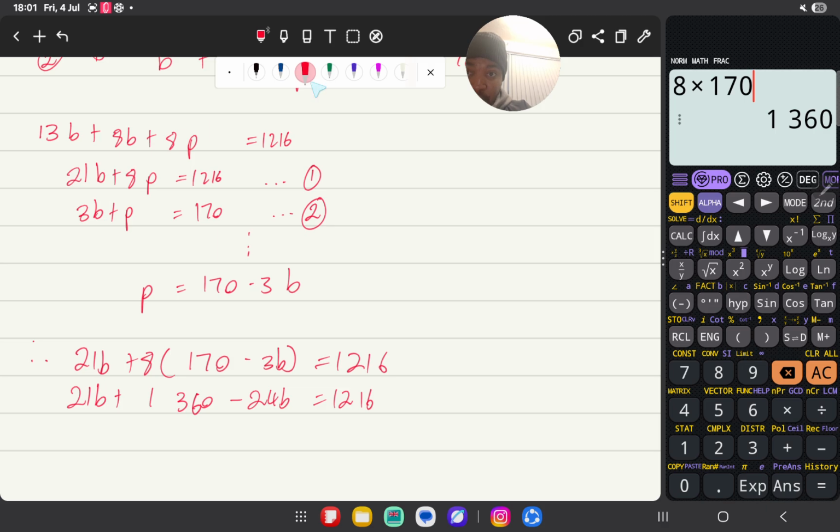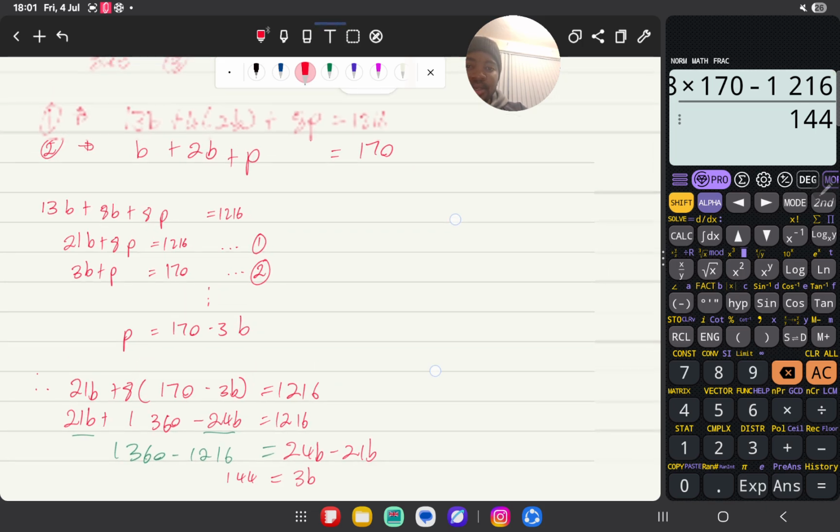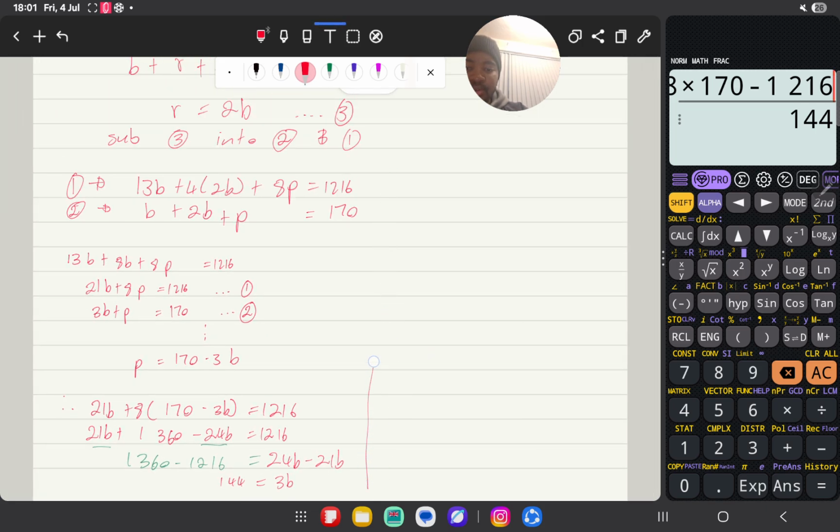Cool. So let's see here. First, perhaps I can say 1360 minus 1216 equals 24B minus 21B. You can transpose that side later on, it's all up to you. This is 3B, and 1360 minus 1216 is 144.